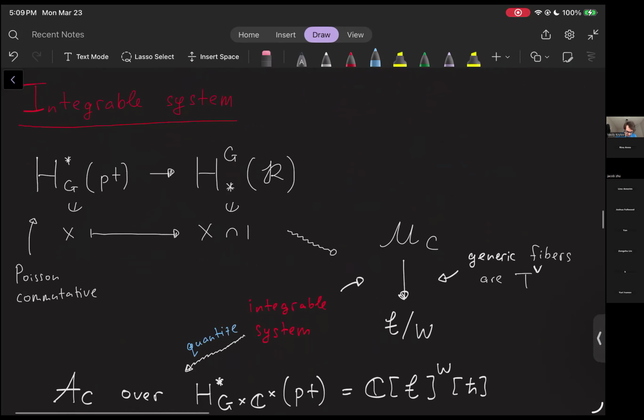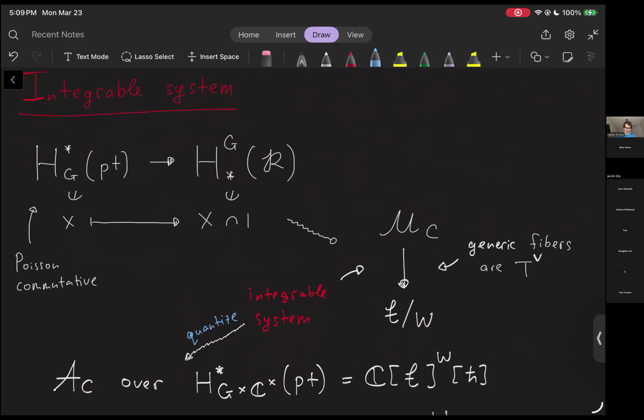Now let me explain one important piece of structure that comes for free whenever you consider this Coulomb branch construction, namely the integrable system. Remember that we can consider equivariant cohomology of a point and embed it inside our algebra just by acting on one.